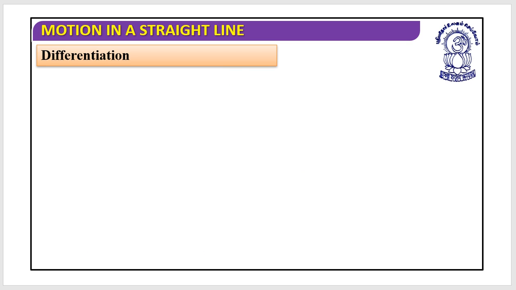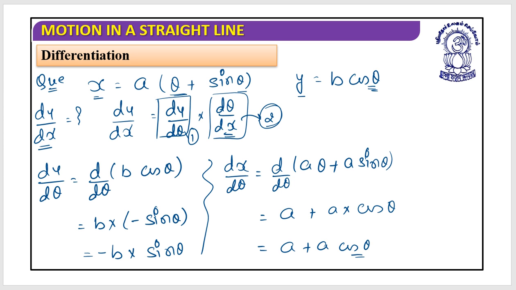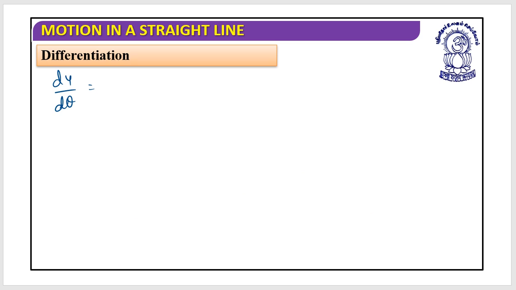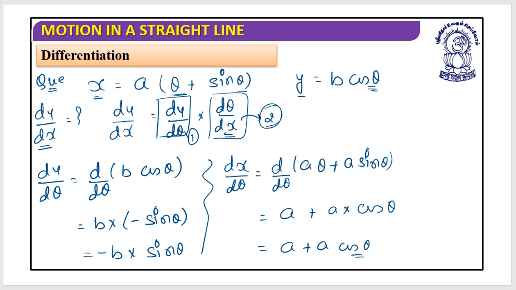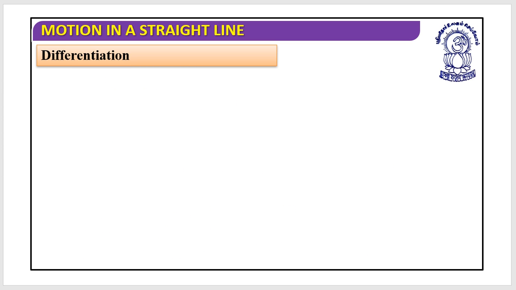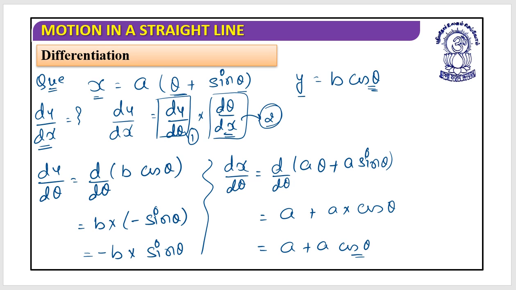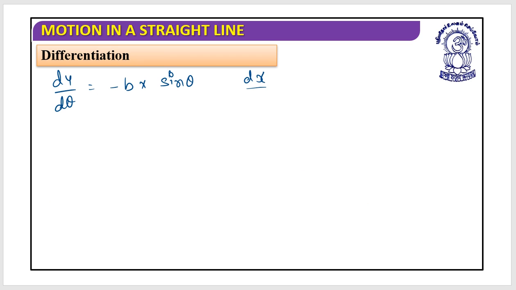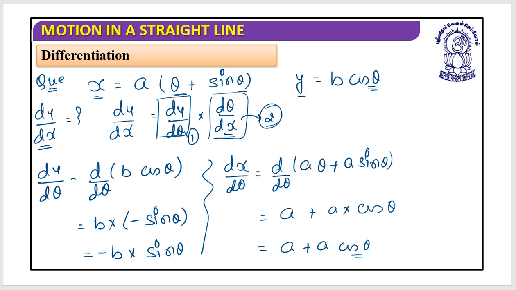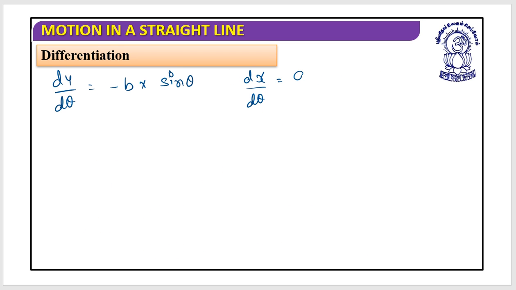The data: dy by d theta is equal to minus b sine theta, and dx by d theta is equal to a plus a cos theta, or you can write it as a into (1 plus cos theta).